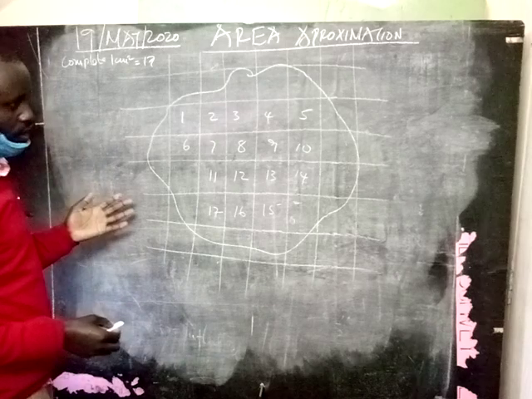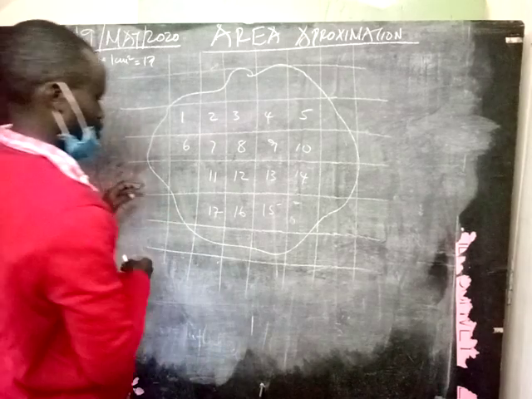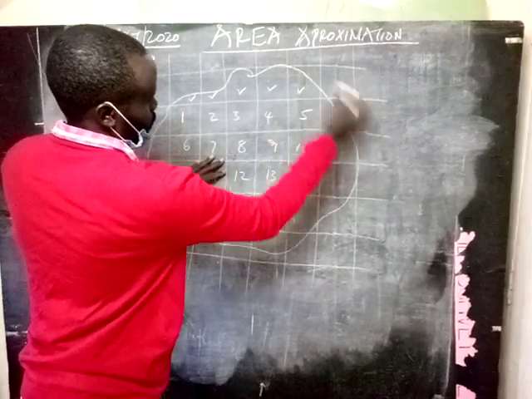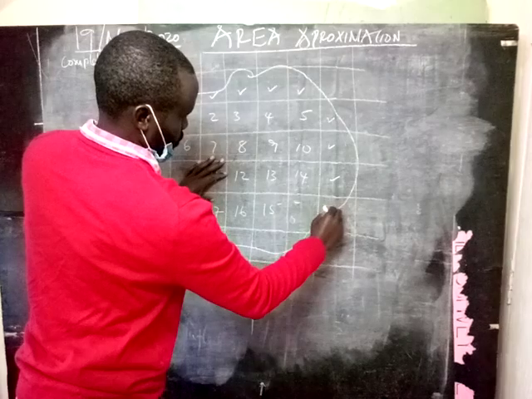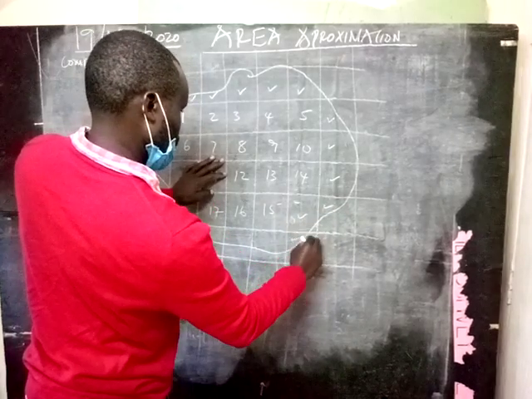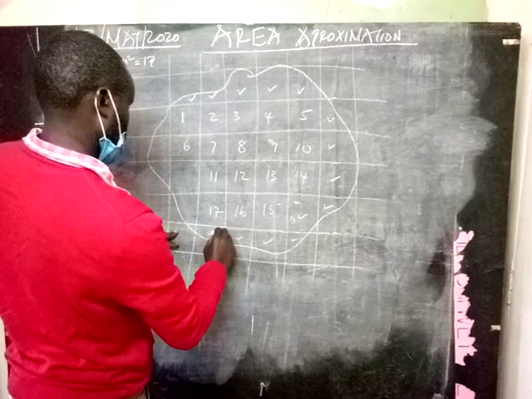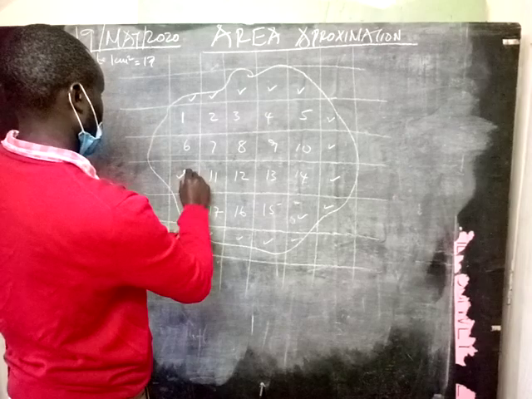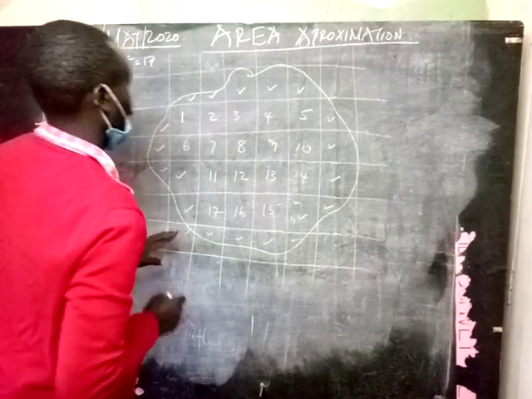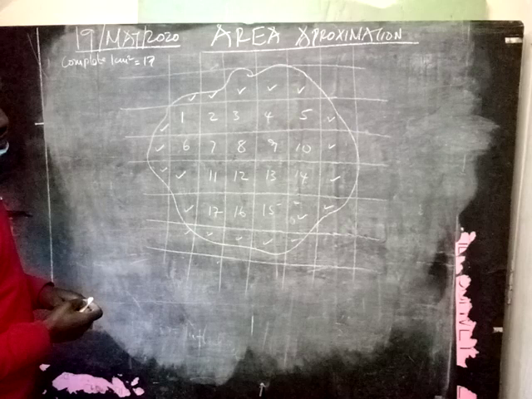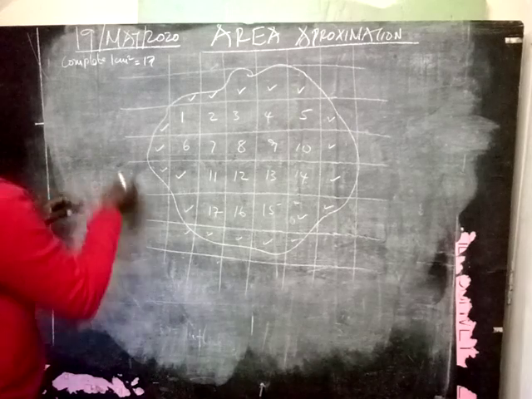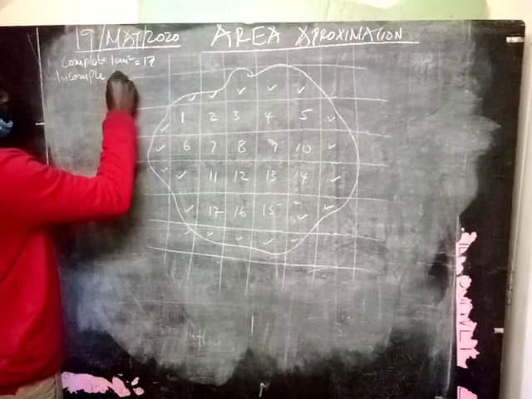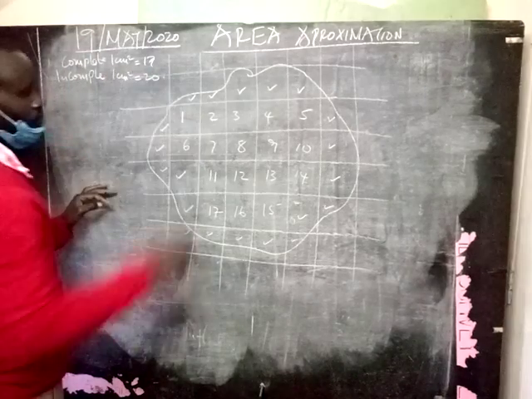Then now we take the half ones. So we're going to say 1, 2, 3, 4, 5, 6, 7, 8, 9, 10, 11, 12, 13, 14, 15, 16, 17, 18, 19, 20. So we have 20 incomplete 1 centimeter squares.